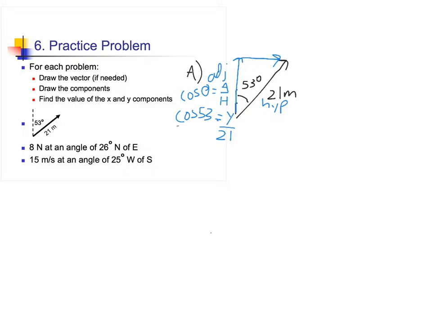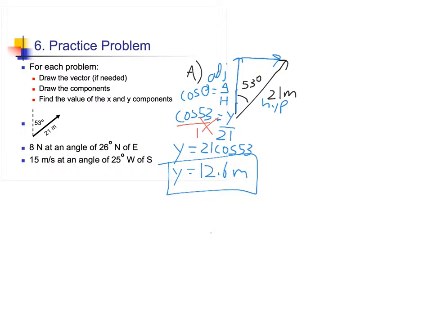I'm going to go ahead and cross multiply here, and I find that my y component is going to be 21 times cosine of 53. So that gives us a value here of 12.6, and the units would be meters because those were the units of the initial hypotenuse.